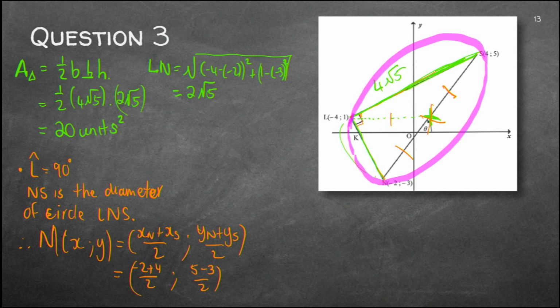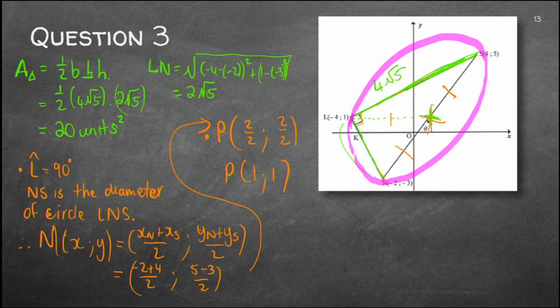So that would imply that the coordinate of P would simply be 2 over 2 and 2 over 2. So the coordinate we'll get as 1 and 1. And that would be the easiest way to do it.